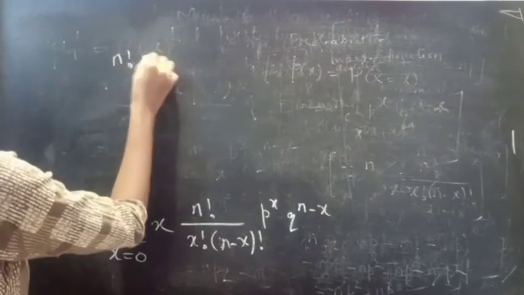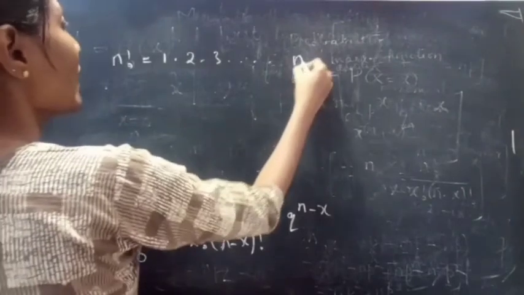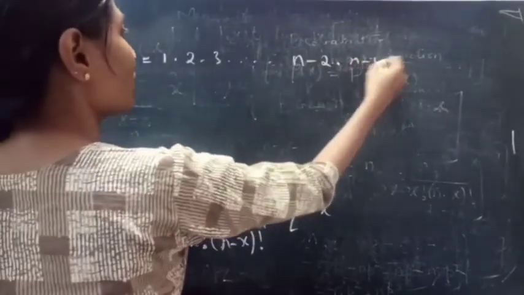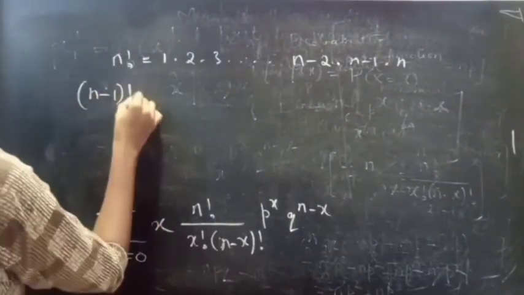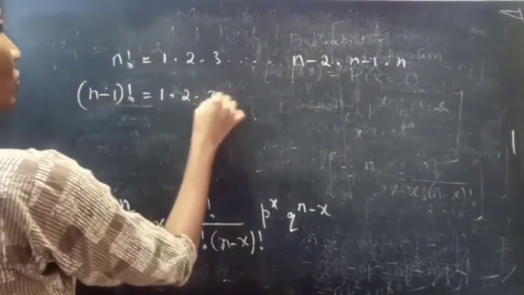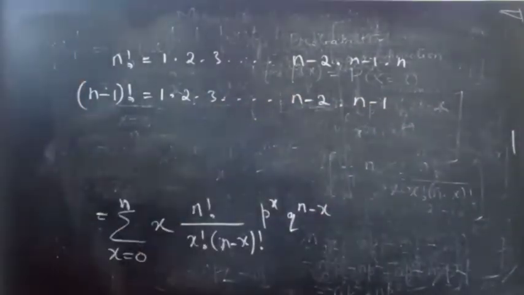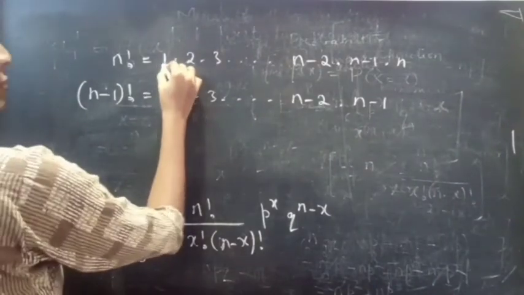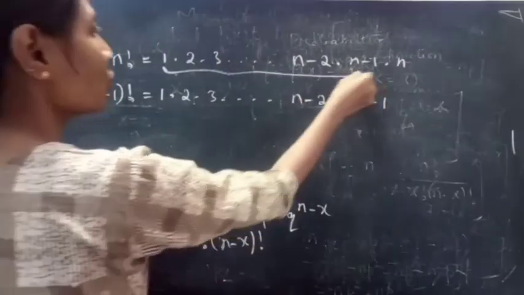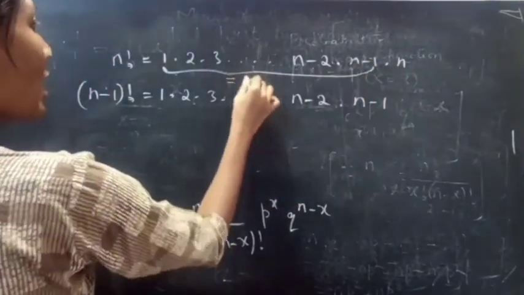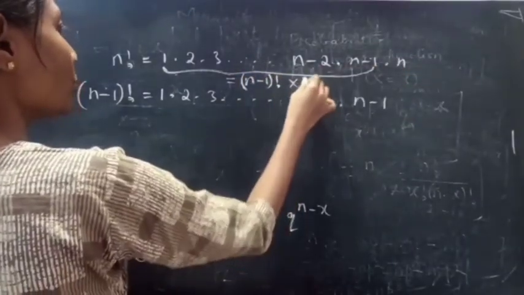Since we know that n factorial can be written as 1 into 2 into 3 and so on, into n minus 2 into n minus 1 into n. Likewise, n minus 1 factorial equals 1 into 2 into 3 and so on, into n minus 2 into n minus 1. So from this n factorial, we can take 1 into 2 into 3 and so on into n minus 1 as n minus 1 factorial, and the remaining is into n.